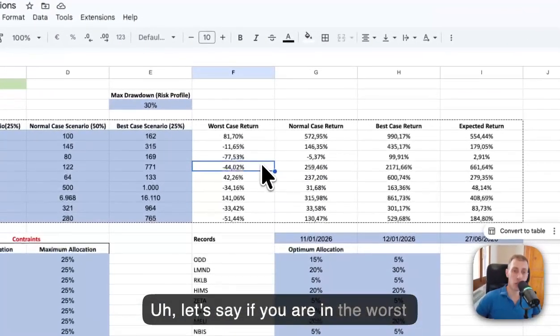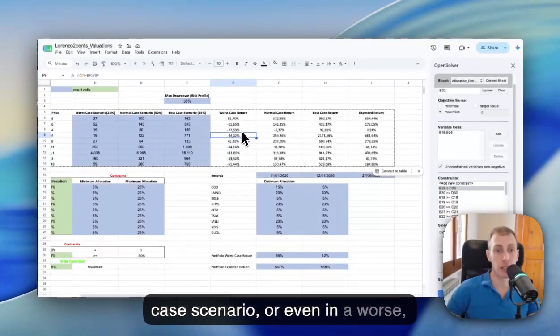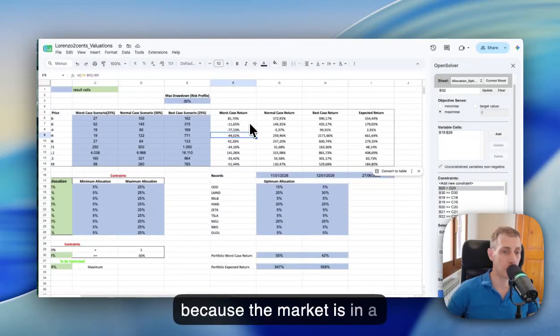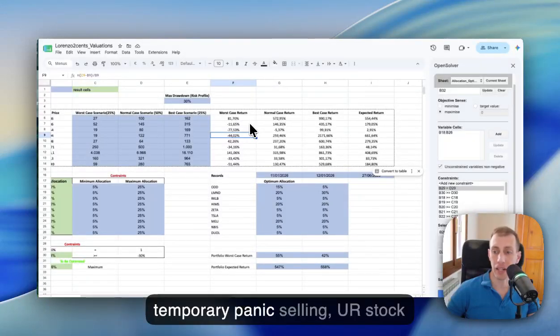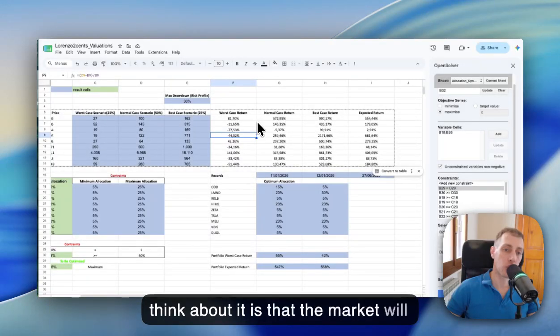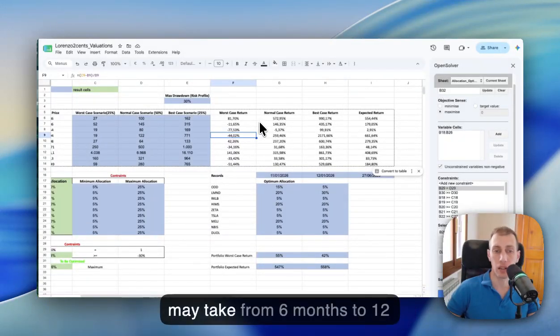Let's say you are in the worst case scenario, or even worse than the worst case scenario, because the market is in a temporary panic selling, your stocks are out of favor, whatever. How I think about it is that the market may take from 6 months to 12 months to reprice to the upper scenario.